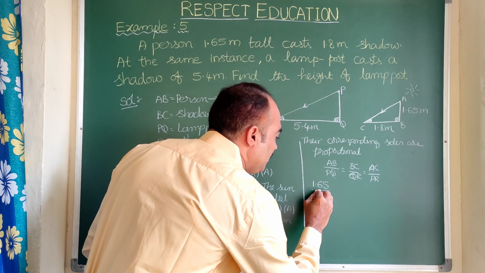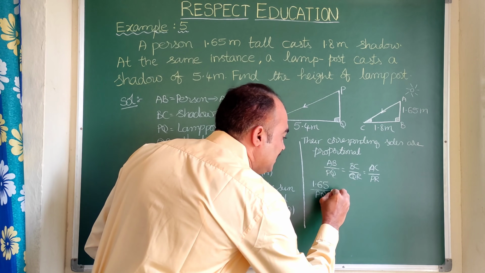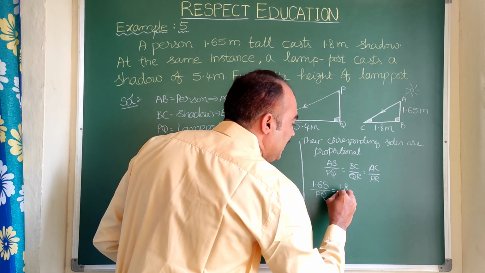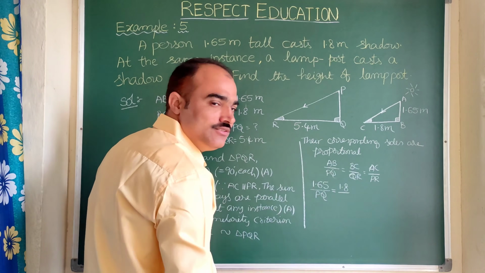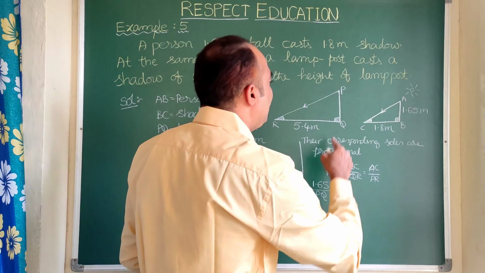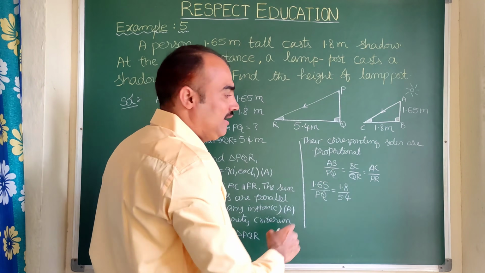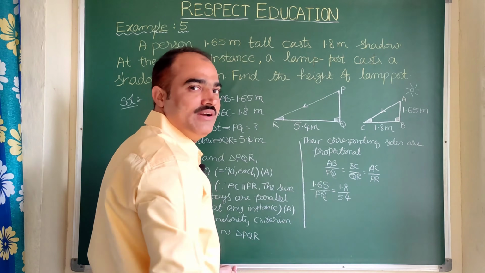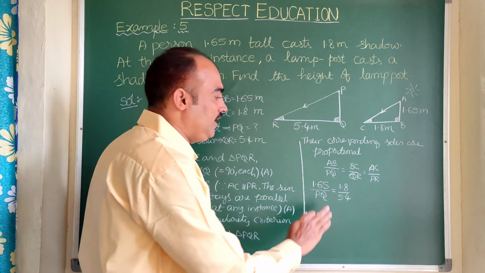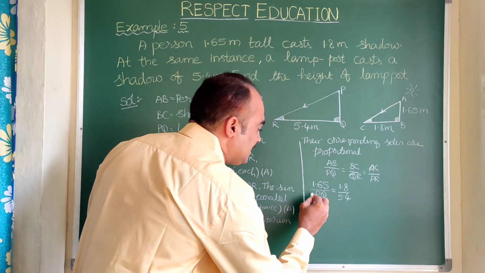So let us write AB by PQ is equal to BC is 1.8 by QR is 5.4 is equal to AC by PR. AC is not given, even PR is also not given, and moreover these values are not required for us, so we can leave them. So let us simplify.